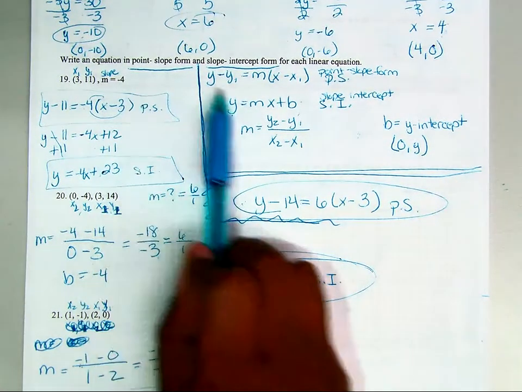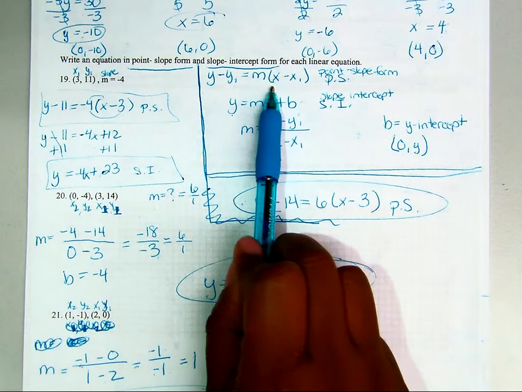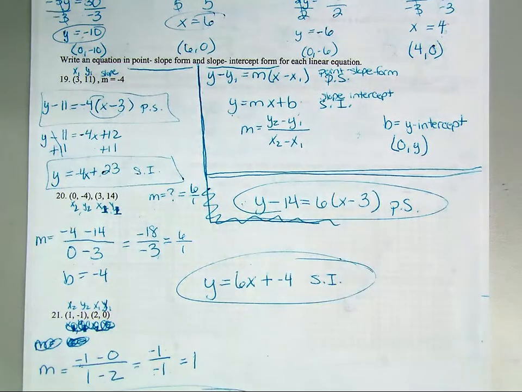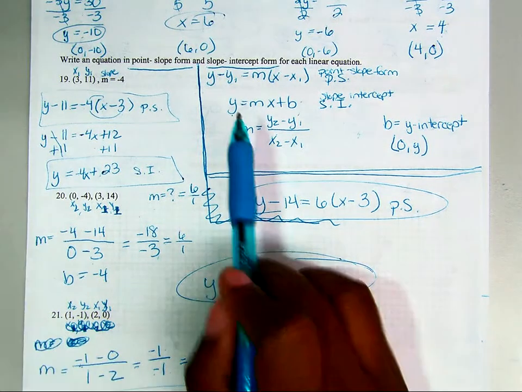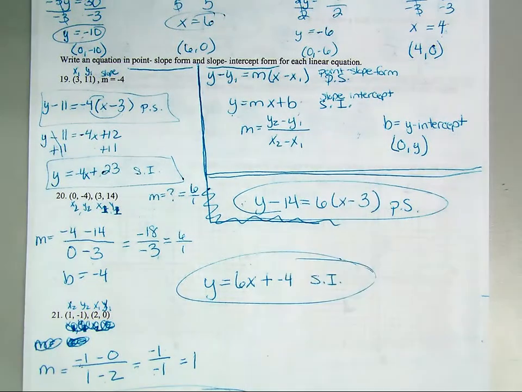I wrote point-slope form: y minus y1 equals m times the quantity of x minus x1. That is point-slope form. Y equals mx plus b. That's slope-intercept form.